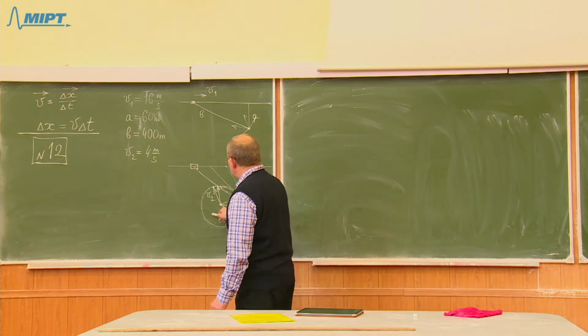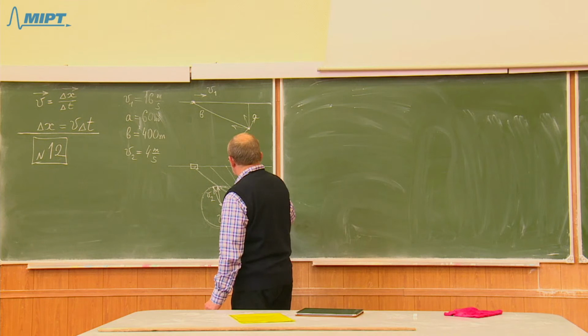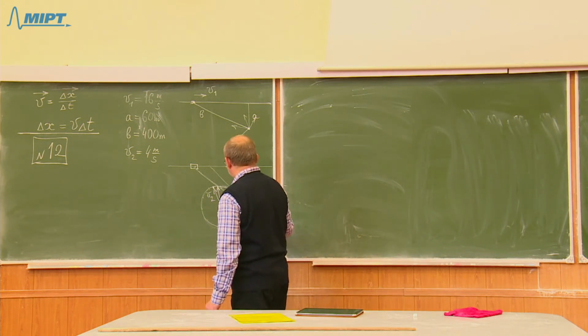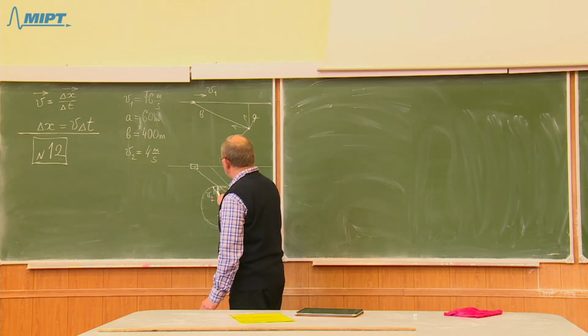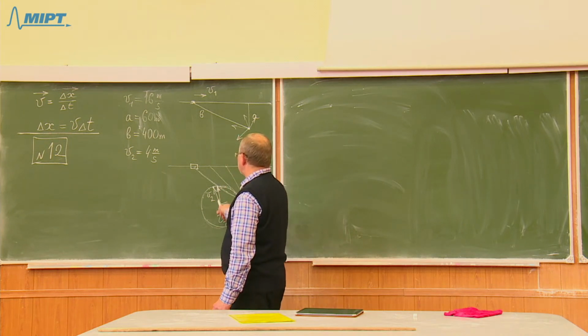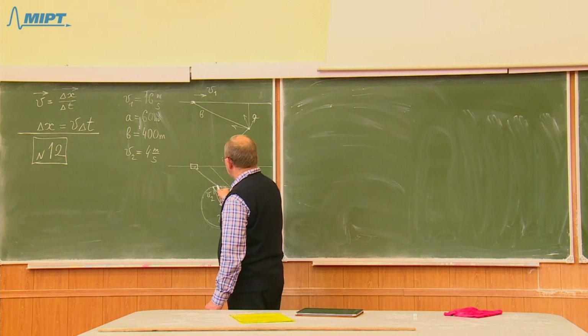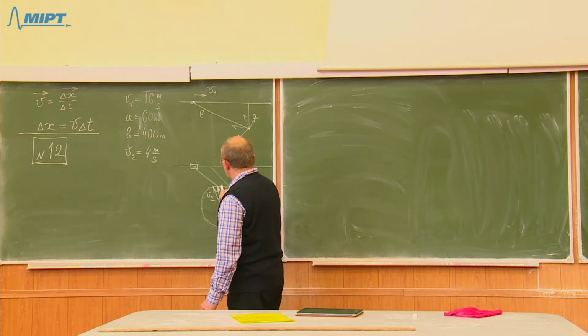So the displacement of the man consists of two parts. First, the displacement due to the motion of the field and the road, and then the displacement due to the velocity of the man running in the field. So if the man runs here, he will catch the bus. Also, if he runs here, he will catch the bus.